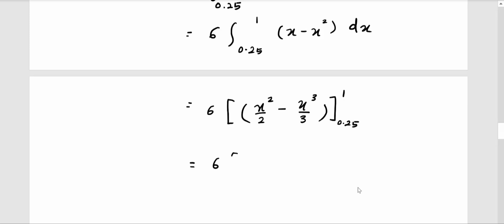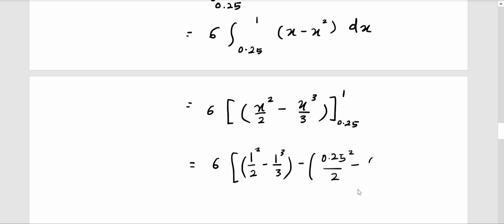When x is equal to 1, substitute into this function, minus when x is 0.25. You will get the answer is equal to 0.8438. So this is your answer.